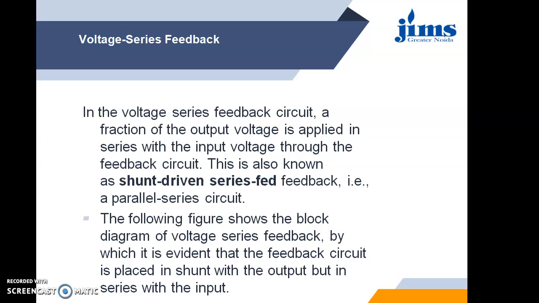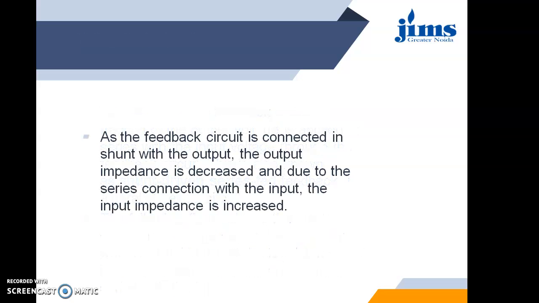The input energy is also voltage, and the output voltage is fed to the negative feedback block. The voltage is applied to the feedback network, and the voltage is the same in shunt, so the output port is in shunt and the input port is in series. So this is the voltage series feedback.